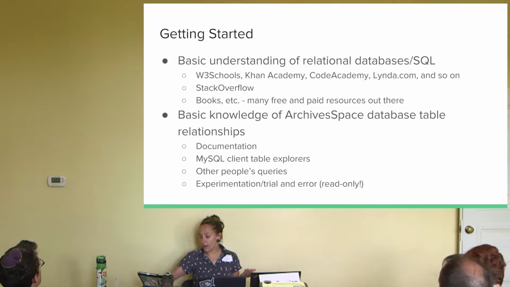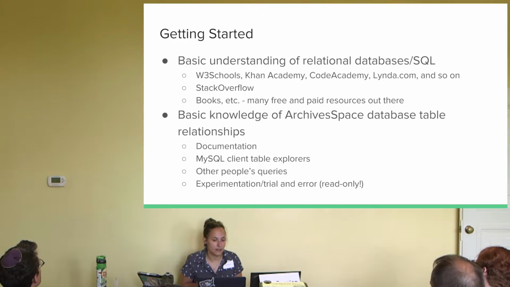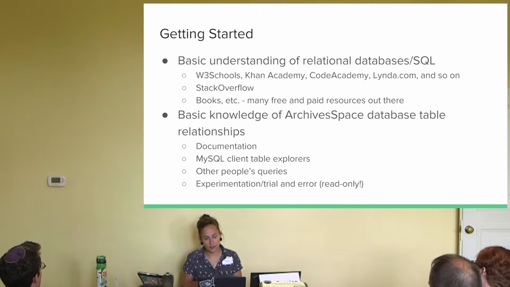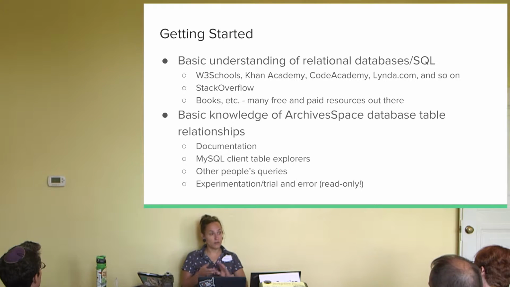You also need a basic knowledge of the ArchivesSpace database table relationships. There's some documentation, and you can also get some of this information through client table explorers and other tools within clients themselves. Then also, always looking at other people's work is really helpful, and trial and error.